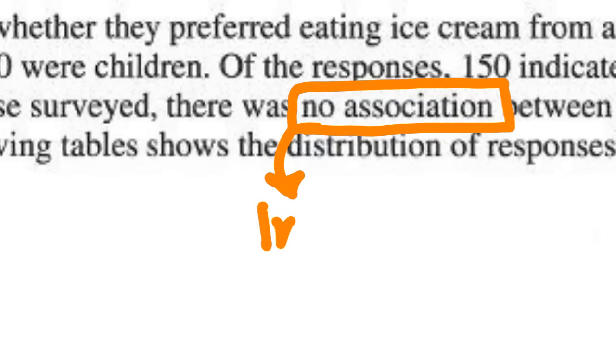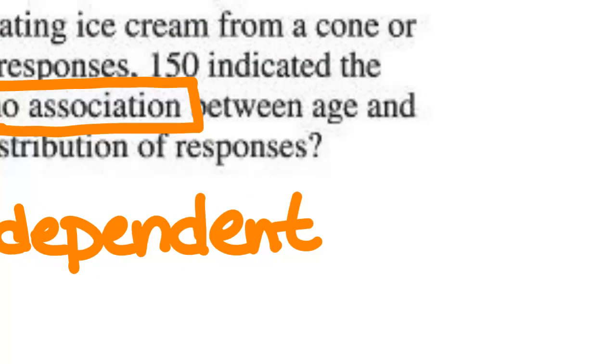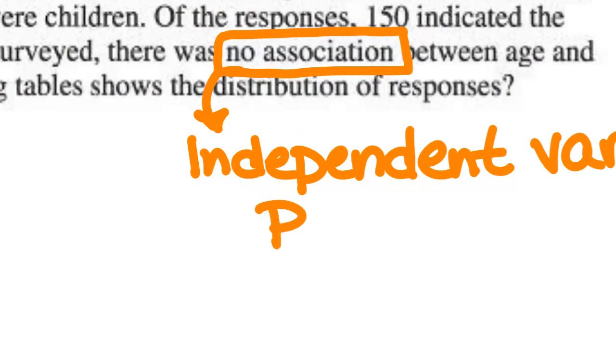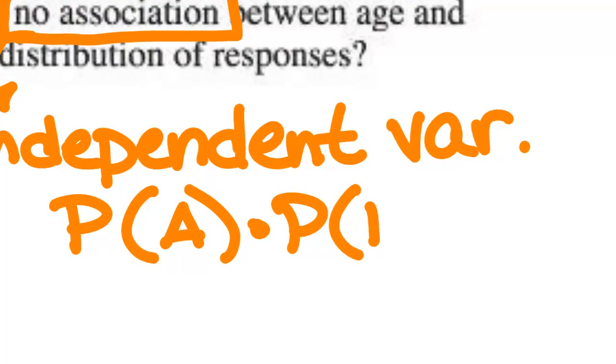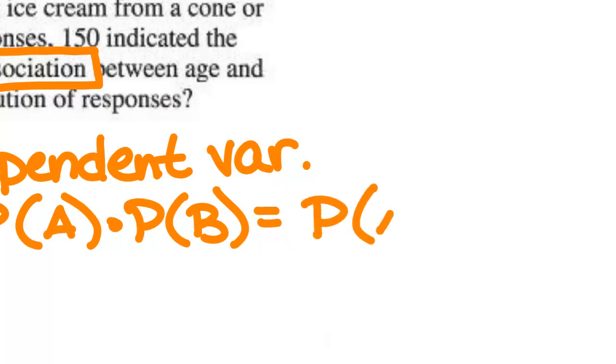That is another way of saying that they are independent variables. So that means the probability of event A times the probability of event B is equal to the probability of event A and B.